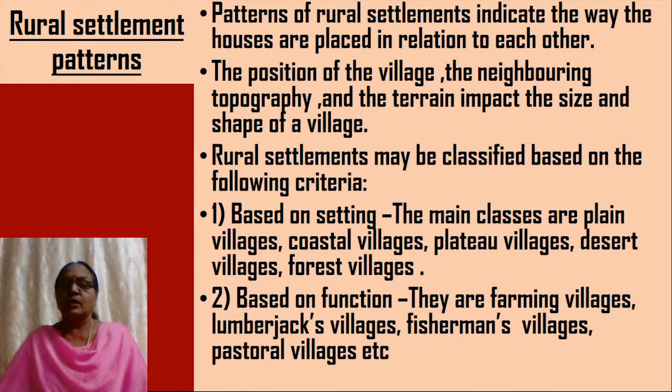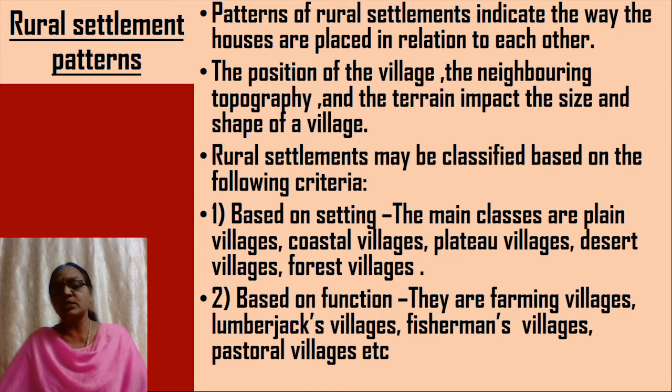So rural settlements are classified based on the following criteria. Based on setting, we can classify rural settlements as those which are constructed along the plains, I call them plain villages, or if the settlement is along the coastal region, we call them coastal villages.